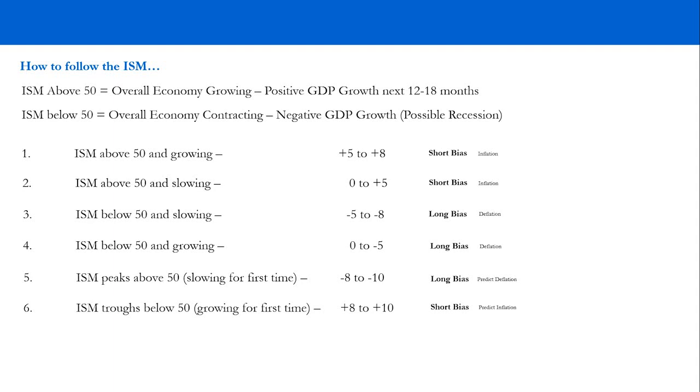So we're predicting that in 12 to 18 months' time, the economy is going to have negative real GDP growth. And that means we're looking to have a long bias on the currency, because deflationary conditions cause the opposite situation to inflationary conditions.